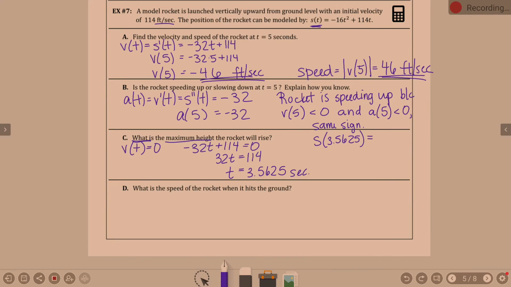You got a number in the 200s? .0625, and that would be feet.